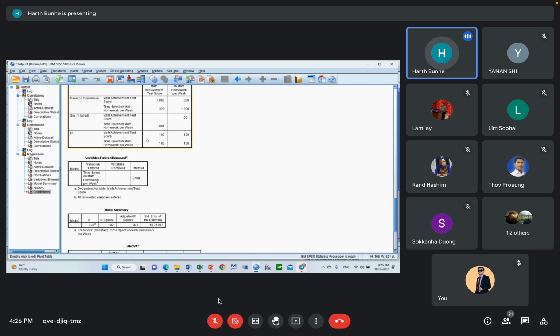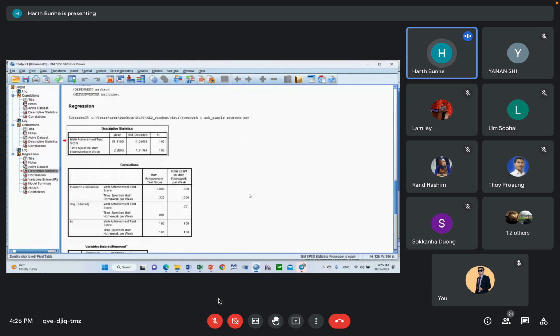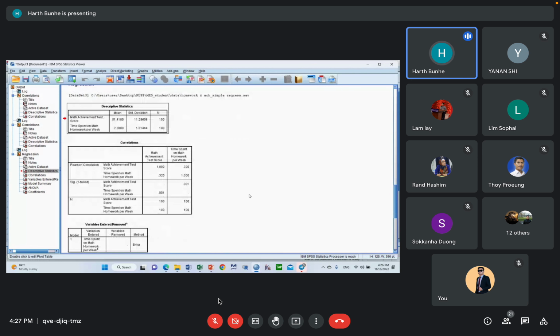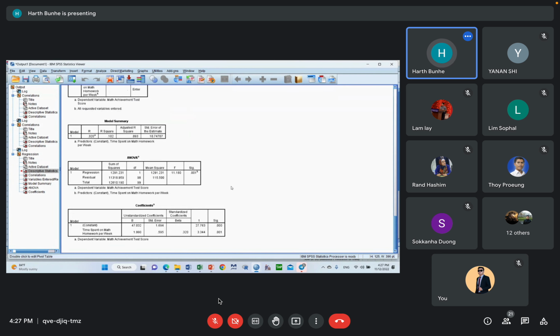And here is the descriptive statistics that you took already. Even though you do prediction, the correlation table appears to tell you how the two variables correlate together here. And the output that you will use to interpret your data is here: summary, ANOVA, and coefficients.